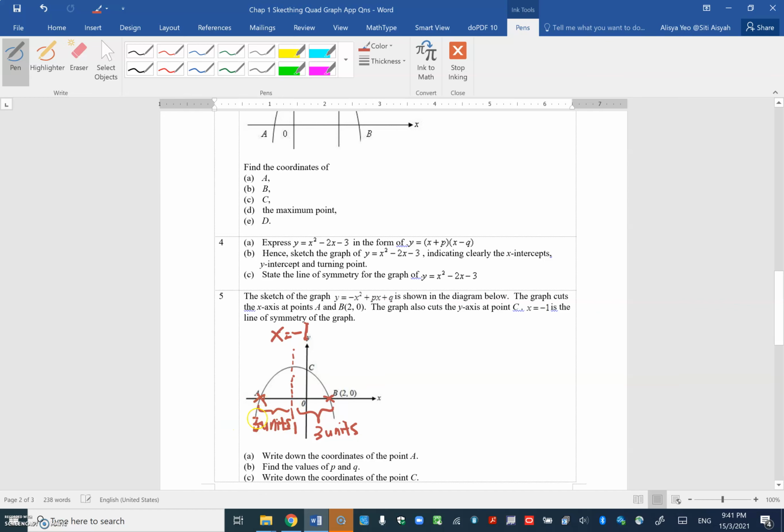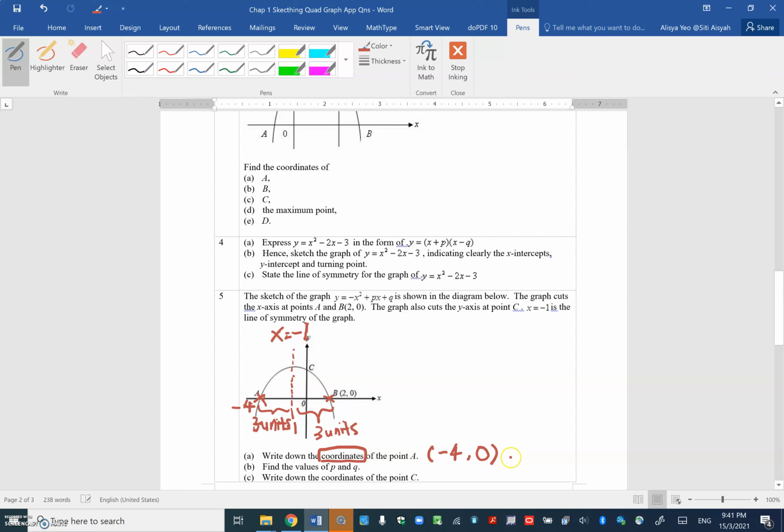That means the value of A is -4. So the x-intercepts are at -4 and 2, and now they ask you to write down the coordinates. You have to write it in coordinate form. The x-intercept is -4, so the value of x is -4, and since they want coordinates, the value of y is just 0. That answers part A.